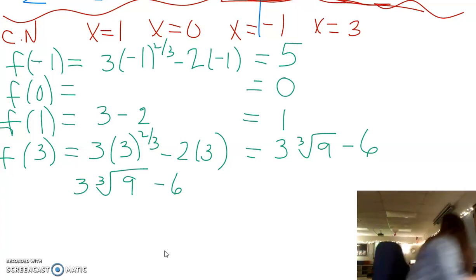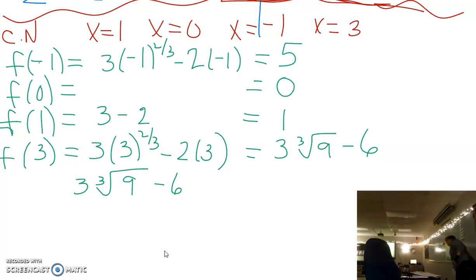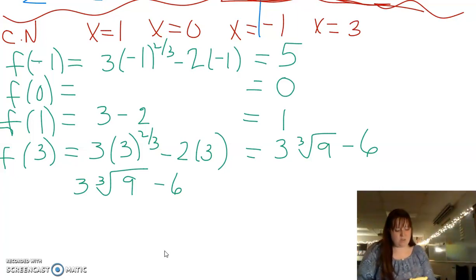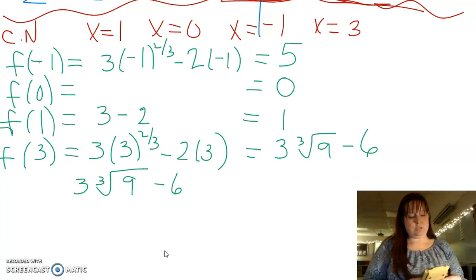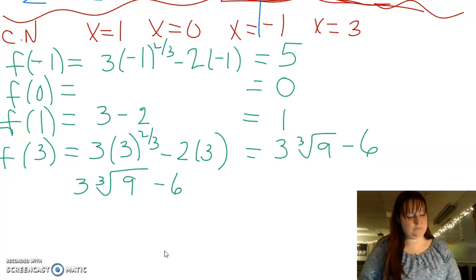Okay, getting the easy calculator. Okay, 3 times the cube root of 9 minus 6. Let's try that again and make sure that's right. Times 3 minus 6. Yeah, it's like 0.24.